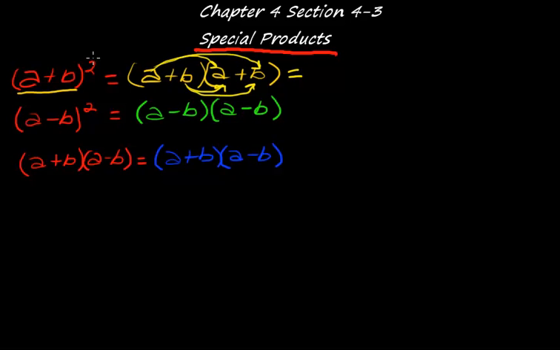To say, okay, this is positive squared. We're going to take the first term, which is a, square it. The last term is b, and square it. And what I'm going to do is take both of these terms times each other, times 2. 2ab plus b squared. That is, in fact, the product here.